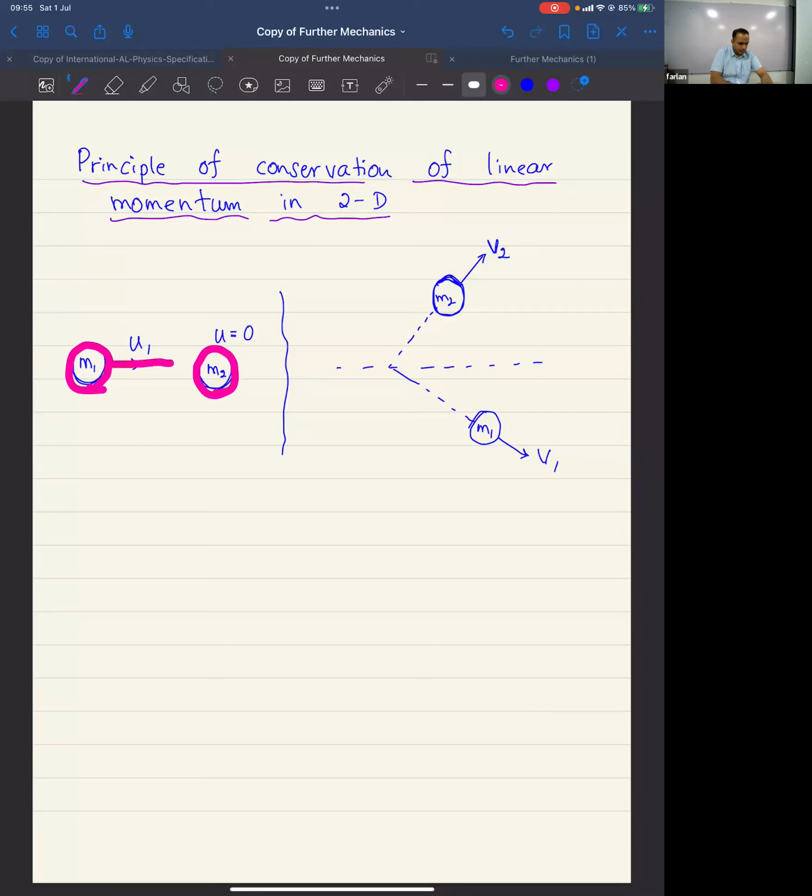This one goes and collides with this in such a way that M2 moves in this direction and M1 moves in this direction. So now the motion is not in one direction. It's on a plane, not just 1D, it's 2D. It's two-dimensional. So now we are going to deal with the conservation of linear momentum. We are going to see how it is applied for 2D conditions. Okay. Draw this diagram.